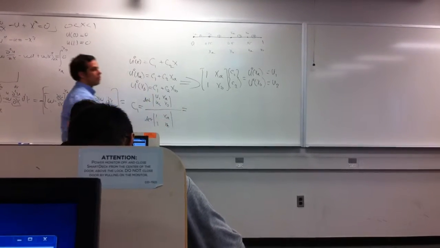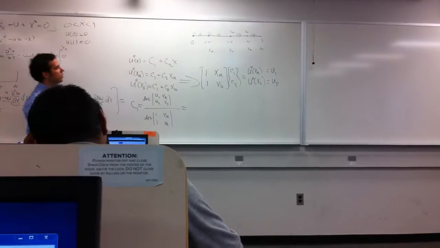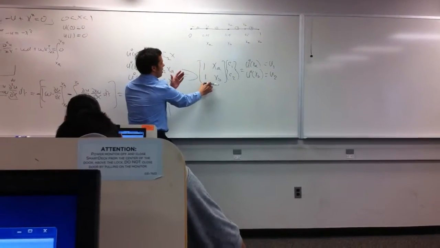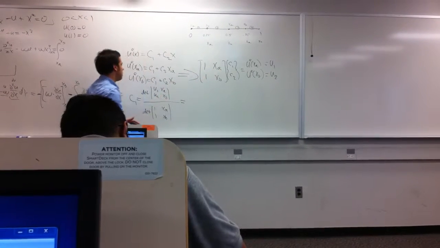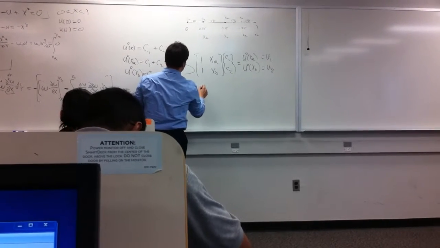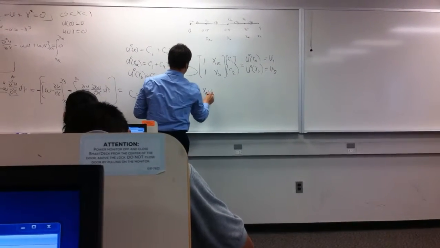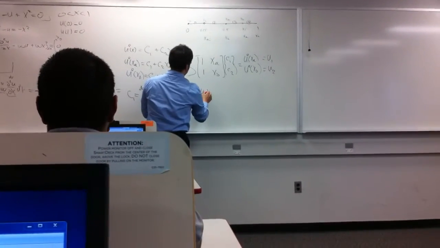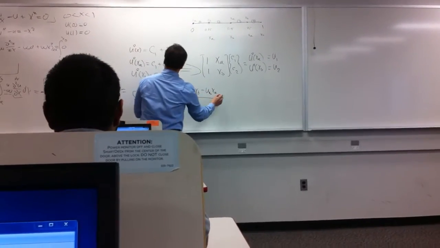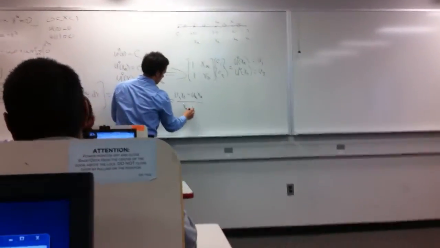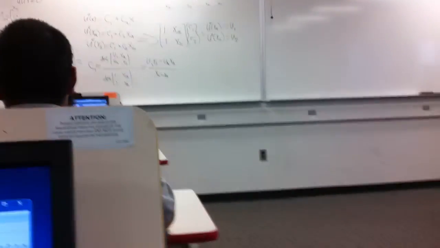So far, so good. When I'm trying to solve for C1, I take this thing, I replace my first column with it, and I compute the determinant. So it's going to be U1 XB minus XA U2, or let me write U2 XA, same order, over XB minus XA. Okay? So that is my C1.